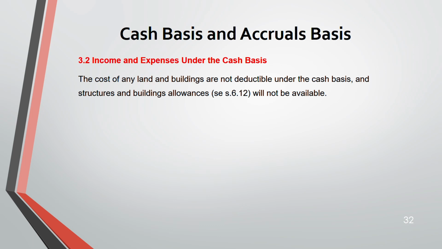What about land and buildings? The cost of any land and buildings is not deductible under cash basis. And structures and buildings allowance will not be available. See section 6.12.